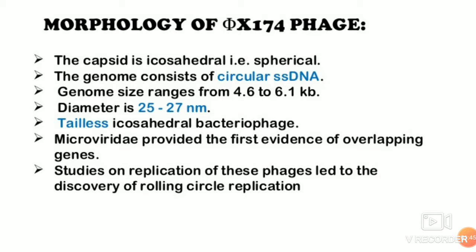Also, if you count how many proteins are made by this phage and then count the number of nucleotides, it actually needs 6.1 kilonucleotides, that is 6100 nucleotides, for all the proteins coded, but the total is actually 5386 nucleotides. So the concept of overlapping genes was clearly demonstrated using this phage.